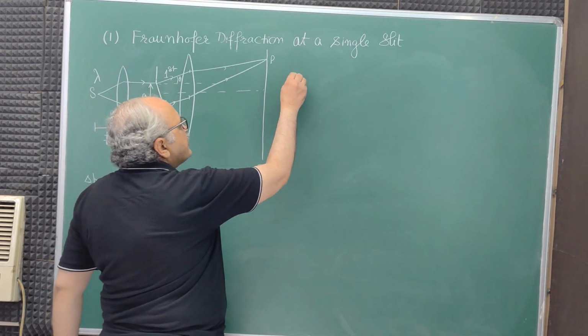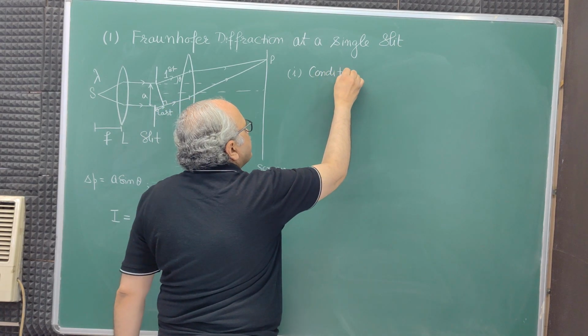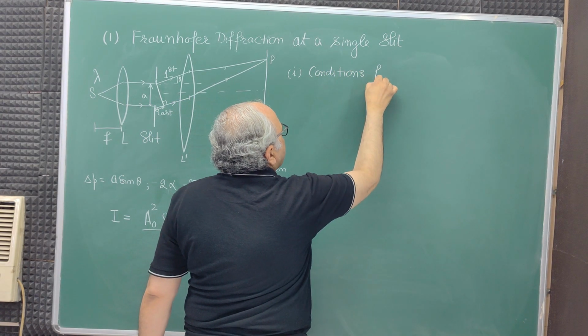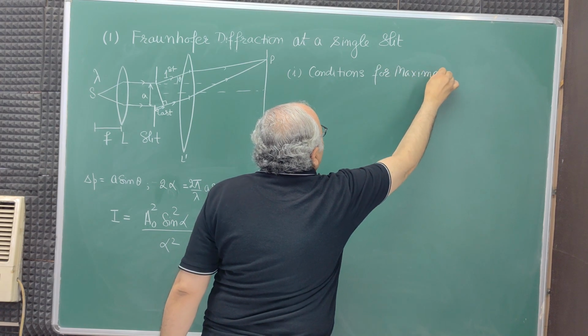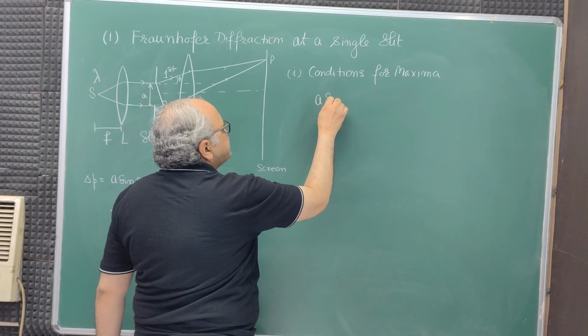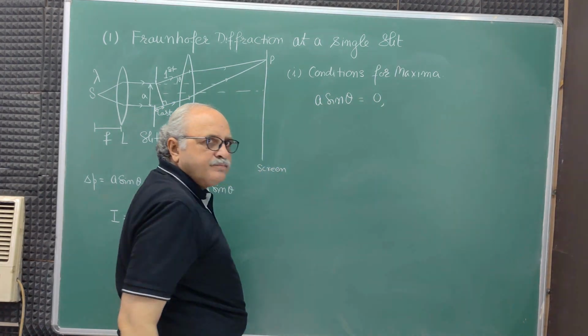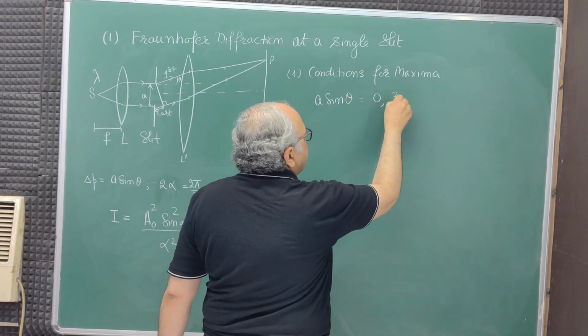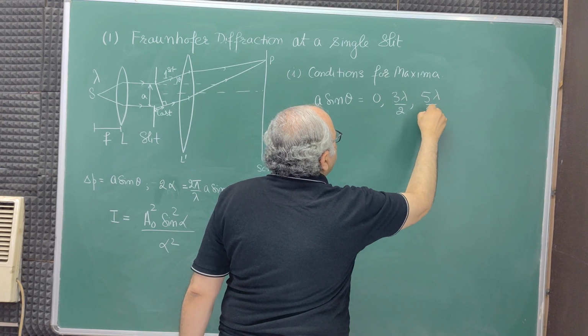Now let's talk about the condition for maxima. The conditions for maxima are a sine theta must be either 0 or 3 lambda by 2, 5 lambda by 2, and so on.